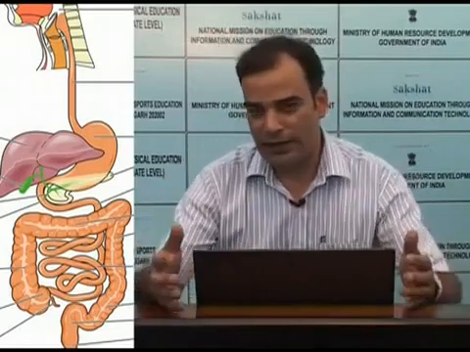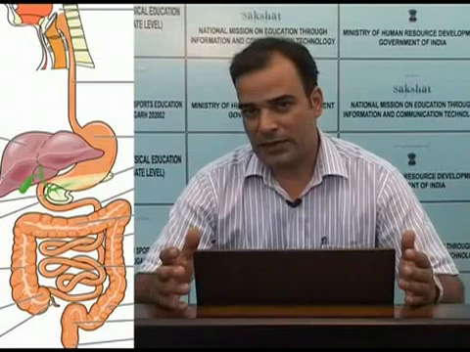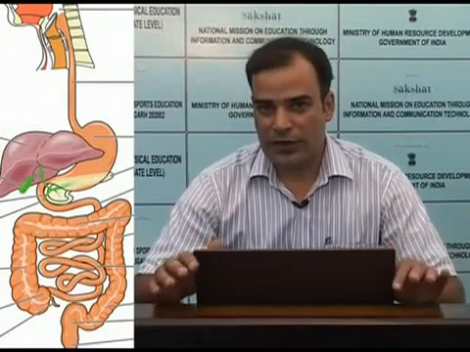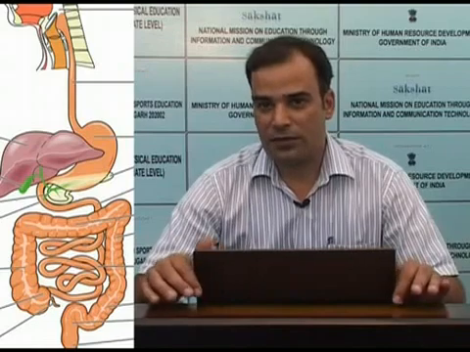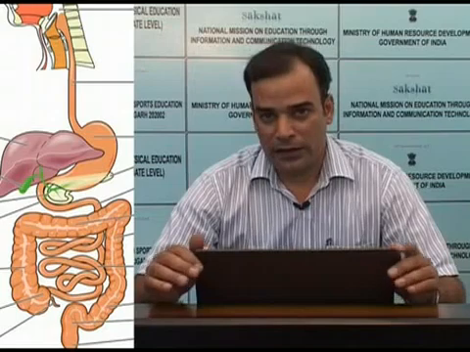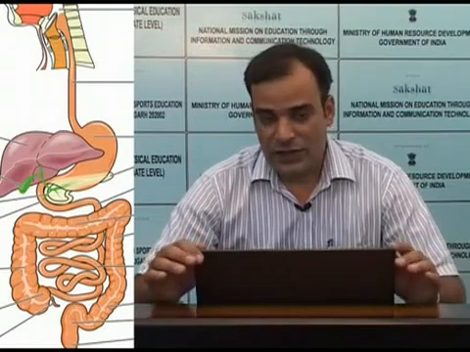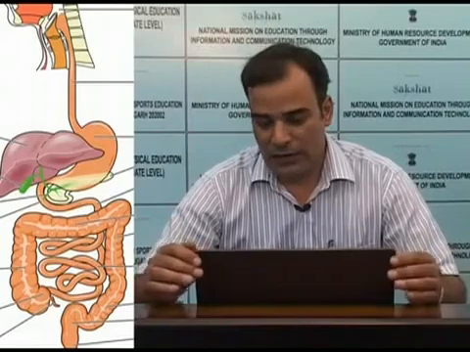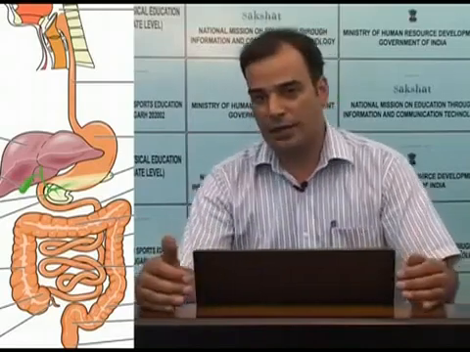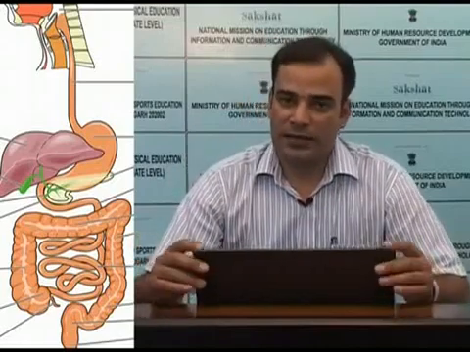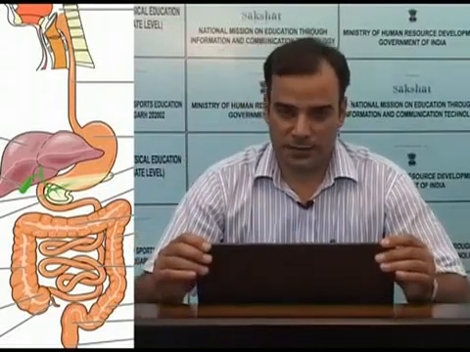And the nerve endings of both sympathetic and parasympathetic are interconnected with the intrinsic nervous supply of the GIT. As I said earlier, GIT can function on its own without the extrinsic supply. However, the extrinsic supply of sympathetic and parasympathetic modifies the functions of the enteric nervous system.